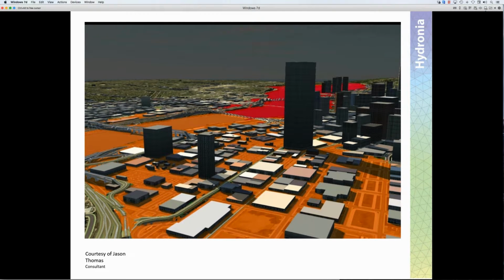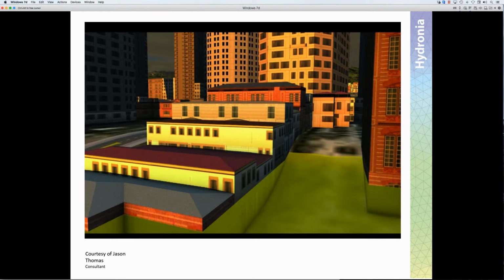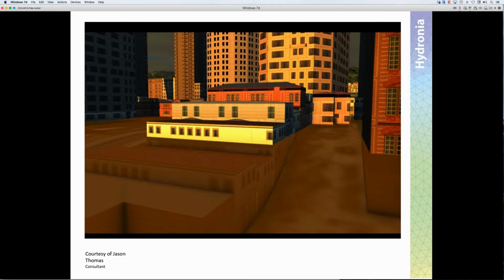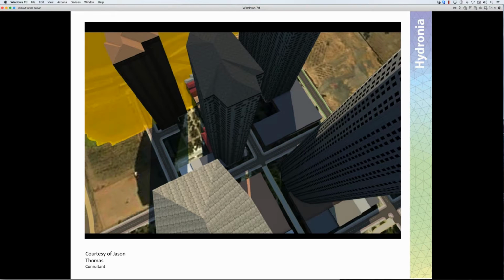As you can see, with InfraWorks you have a full three-dimensional work environment. It's very unique because you don't work in 2D. You work everything in 3D, and you can directly run the model from there and show the results in a very impressive way, which is very important for presentations and showing the model results to different audiences.